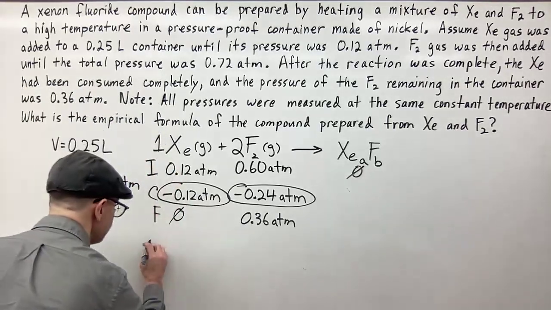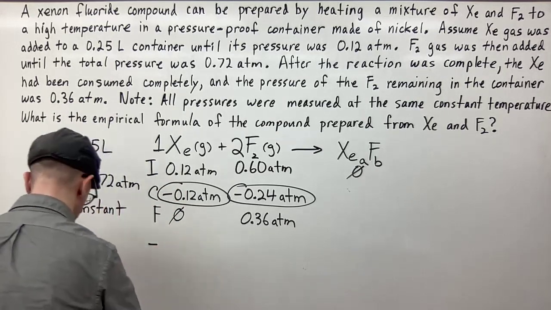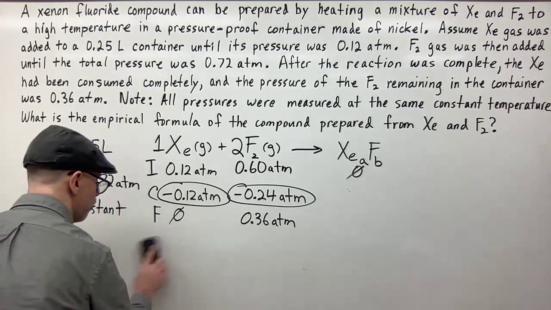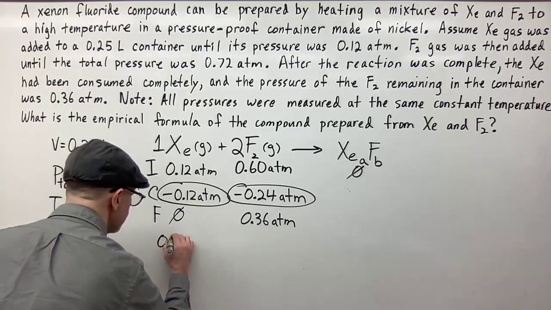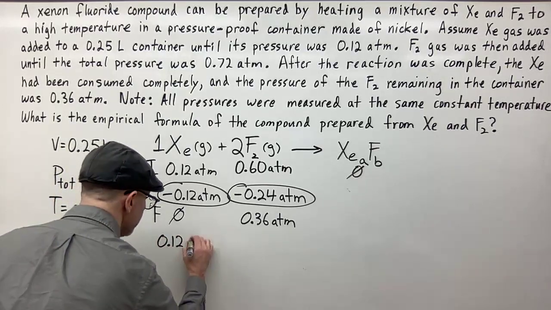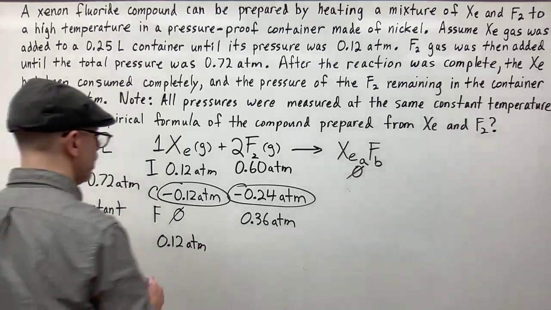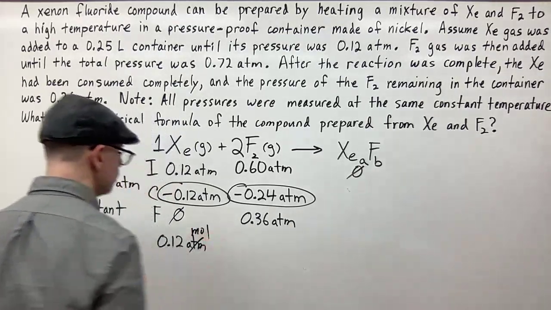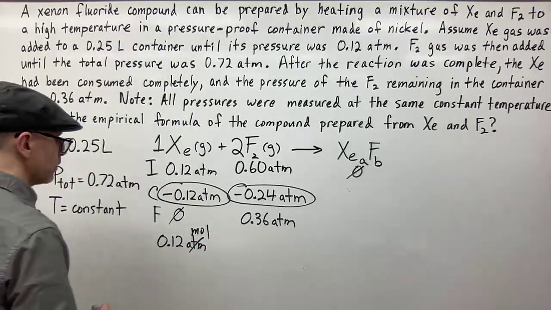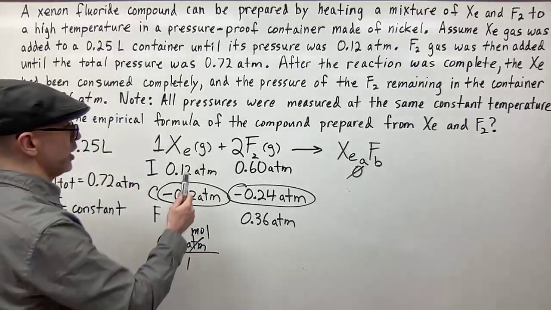So here I have, we'll just do the 0.12 atmospheres, not the negative. We can treat that like moles, right? So we'll call that moles. And then we can use the ratio here.